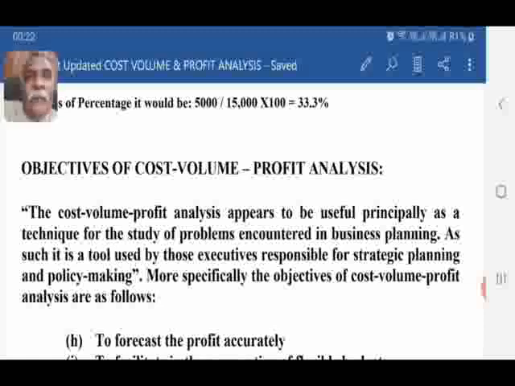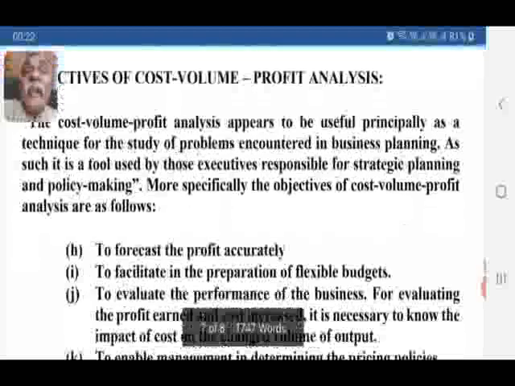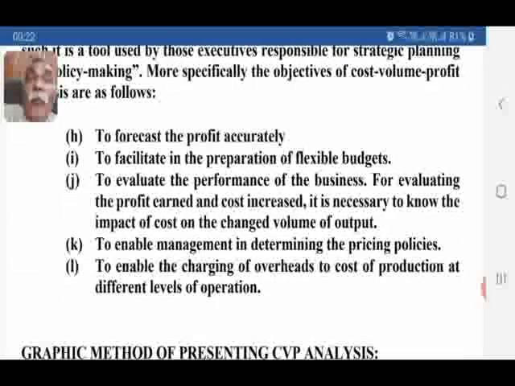More specifically, the objectives of cost volume profit analysis are to forecast the profit accurately, to facilitate the preparation of flexible budgets, to evaluate the performance of the business.